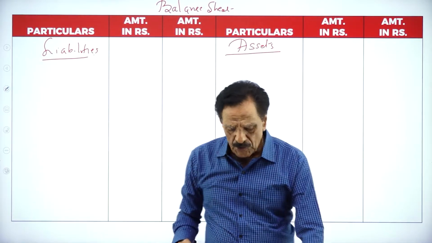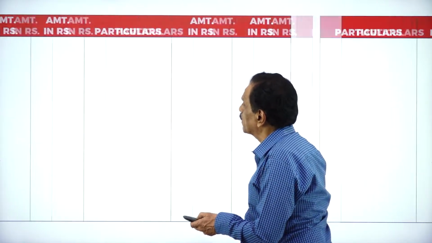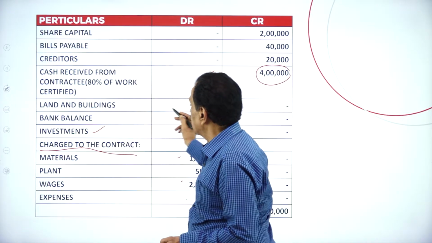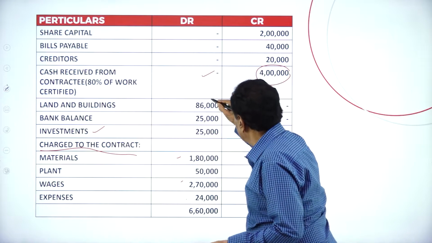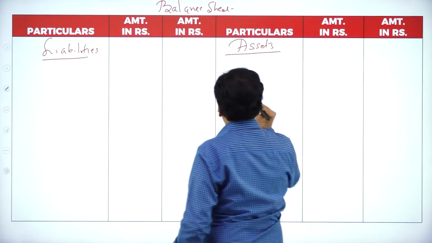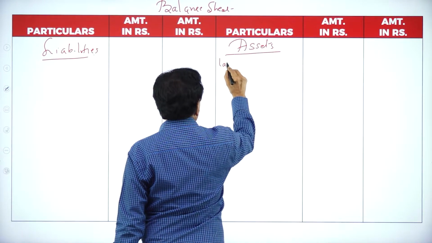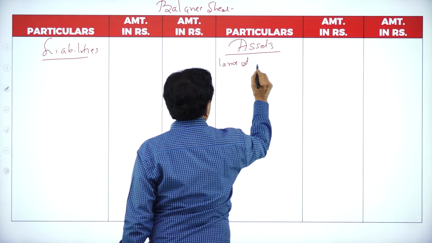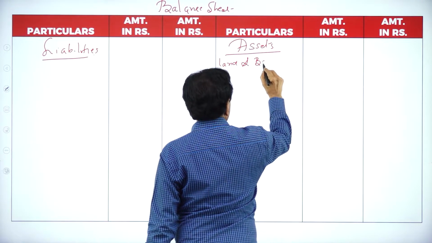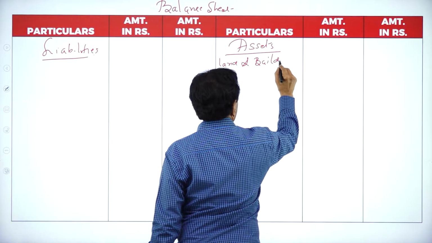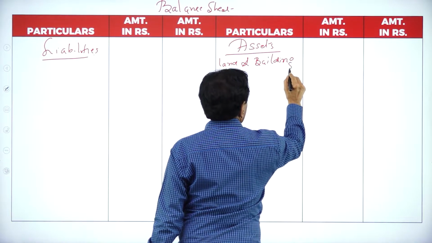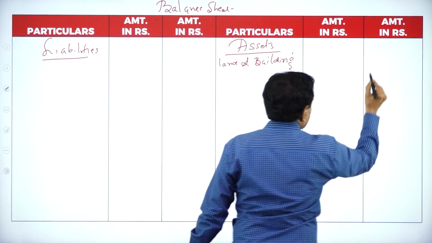Now, we'll go to a trial balance now. Which are the assets are? Land and building is 86,000.